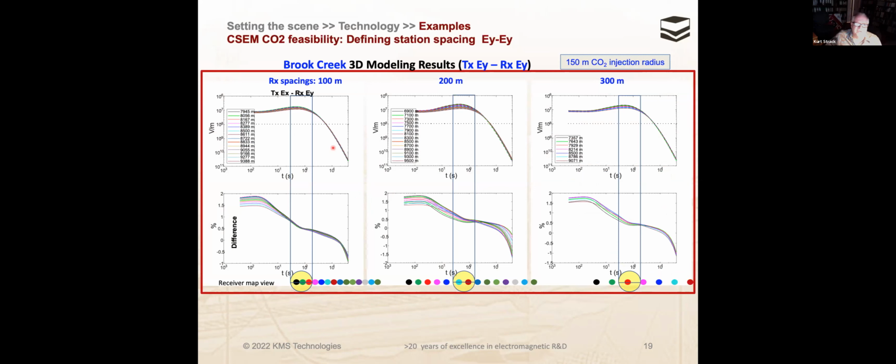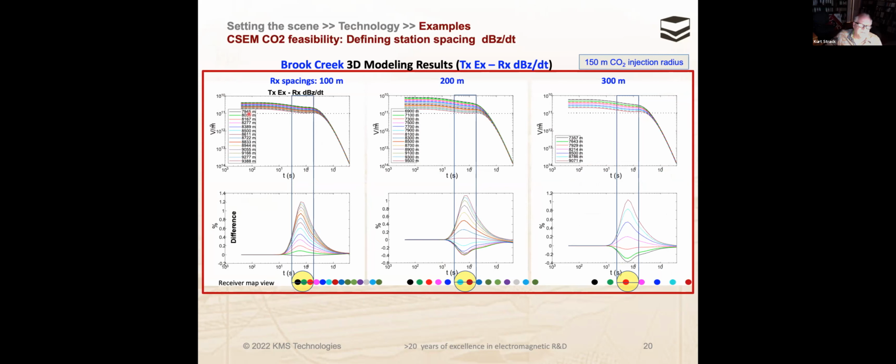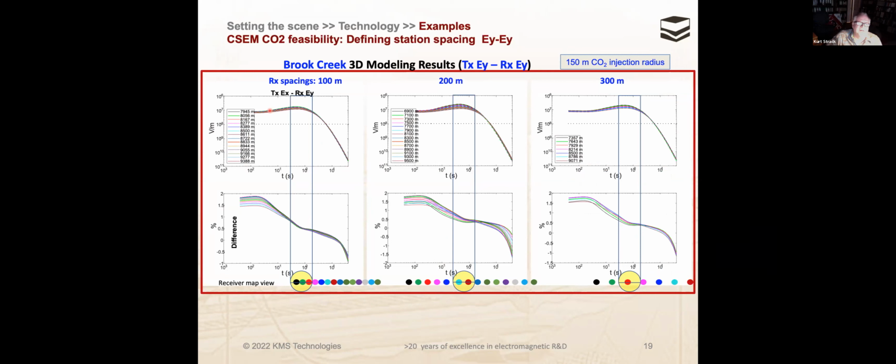So what we did is we took the 3D anisotropic model that we built from the logs, and we modeled different scenarios, different offsets. In this case, we looked at the reservoir at about 1.6 kilometer depth. It varies over the area between 1.6 to 2 kilometers, and you can see that in the data, but we assume it's at 1.6.